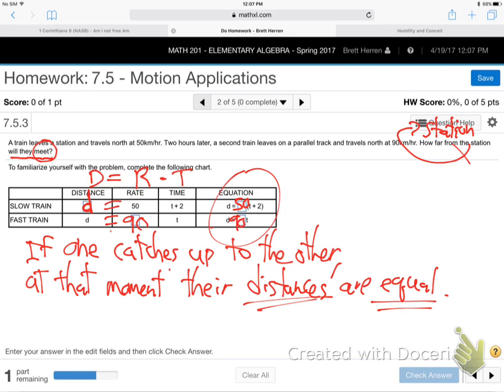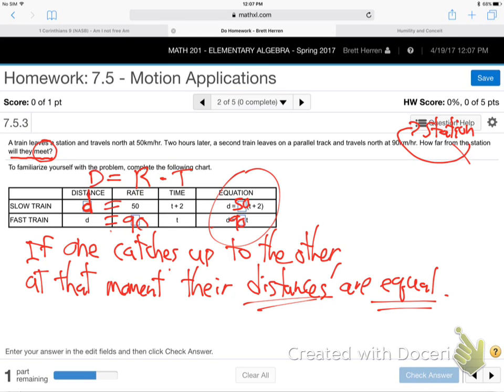Right? Isn't that what it means? If one thing takes off ahead of the other, and the other one is faster and starts catching up, boom. The moment of catching up, at that second, they have the same distance. When you catch up with somebody, you've run the same distances now.